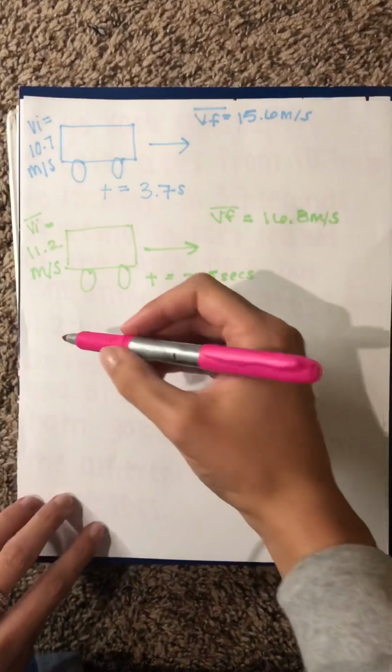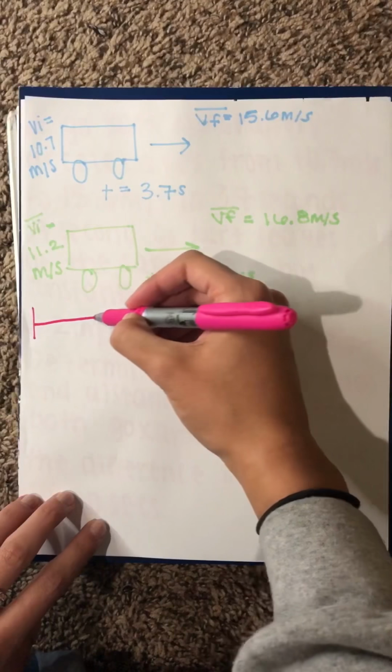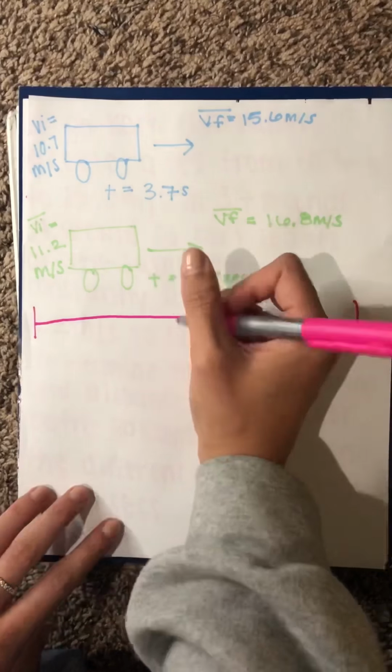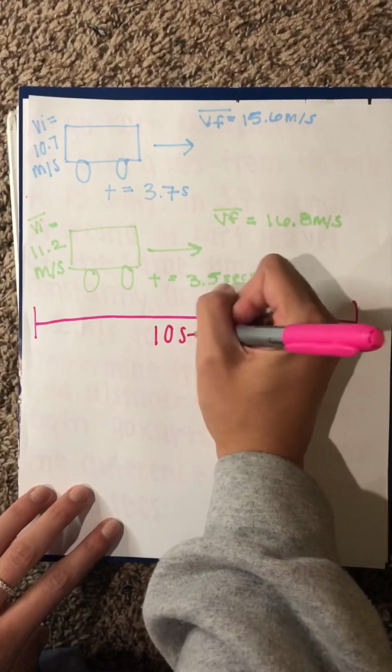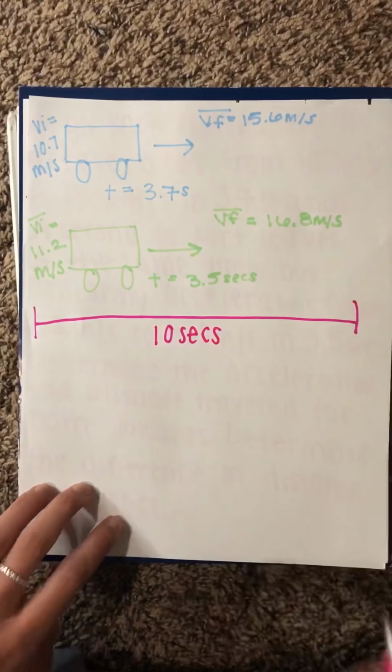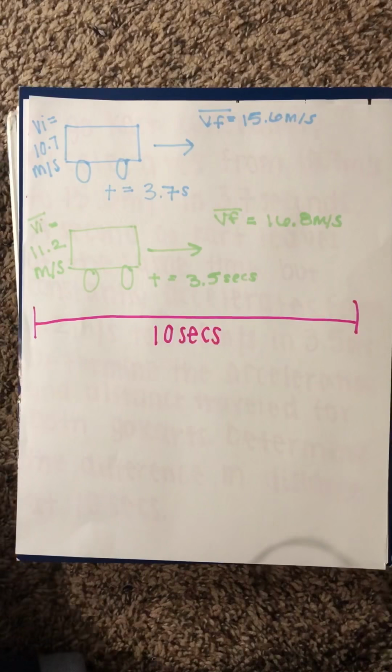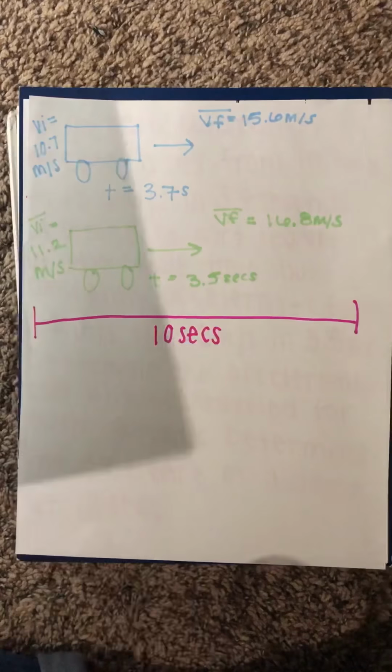The second part of our problem states that we need to find the distance traveled after 10 seconds. With all this information, we can also fill out a chart.